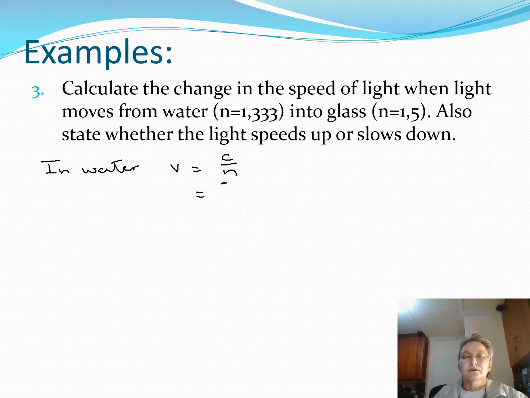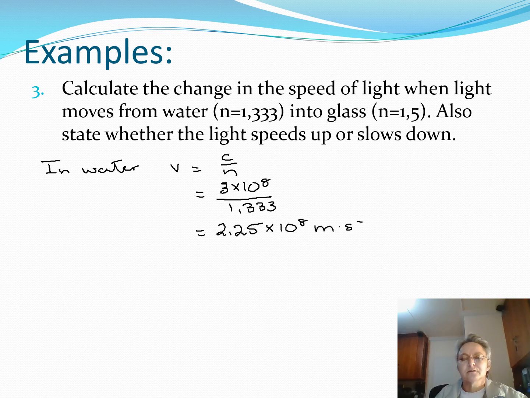So it's 3 times 10 to the power 8 divided by 1.333, and you get 2.25, rounded off, times 10 to the power 8 meters per second.